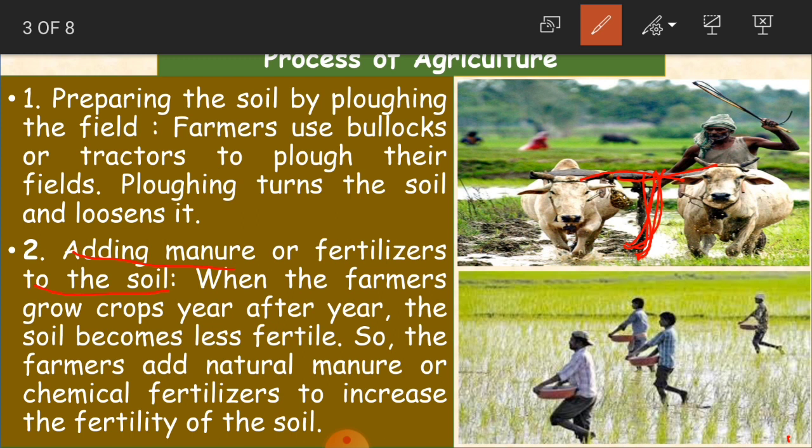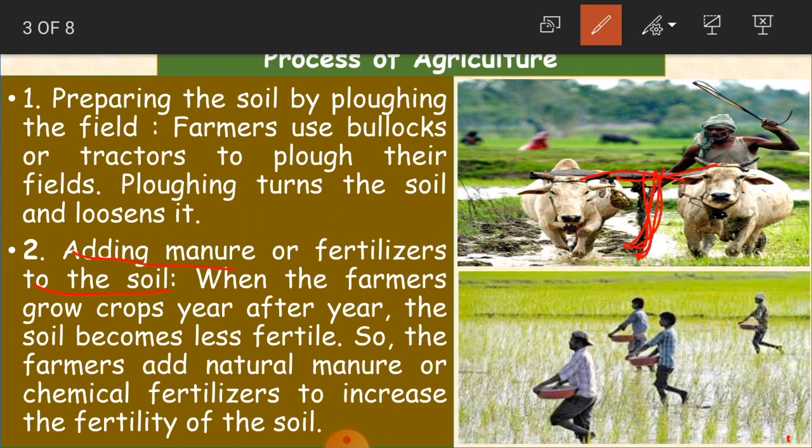Clear, children? So on the same land we'll be growing a number of crops one after the other. As we grow the crop year after year, the soil starts getting less fertile. In the sense, the fertility of the soil, the strength of the soil becomes weak.